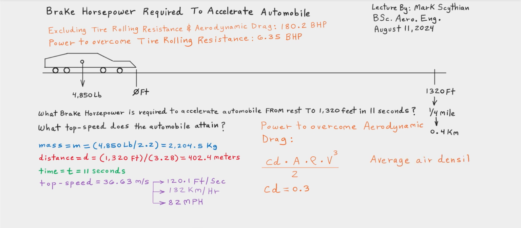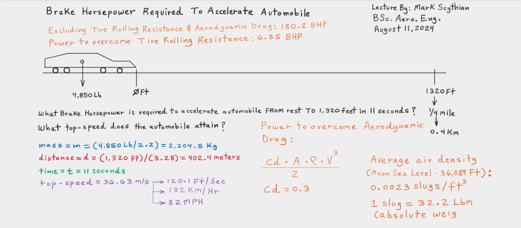So then the average air density from mean sea level to 36,000 feet, including all the different temperature variations, is 0.0023 slugs per cubic foot. And one slug is equal to 32.2 pounds mass. And this is an absolute weight value in the US system of measure.